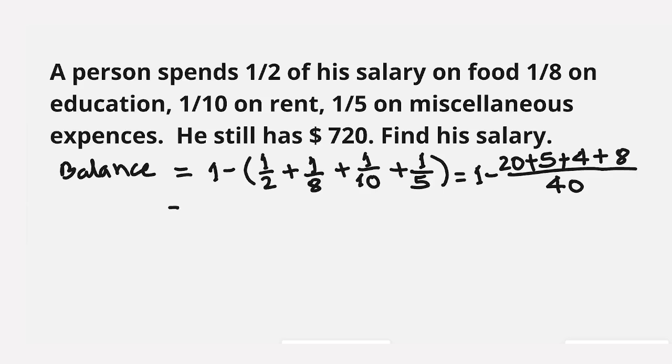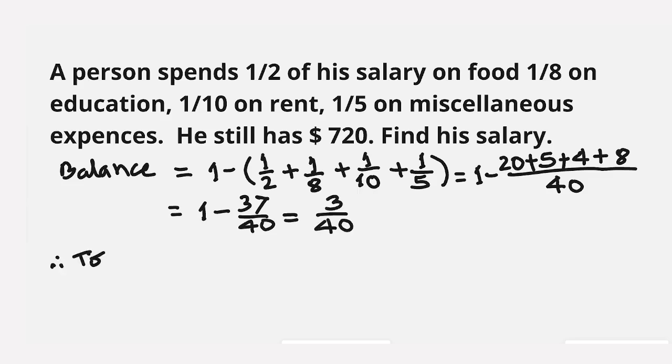And this is equal to 1 minus 20 plus 5 is 25 plus 4 is 29 plus 8 is 37 upon 40, or equal to 1 minus 37 upon 40 is 3 upon 40.